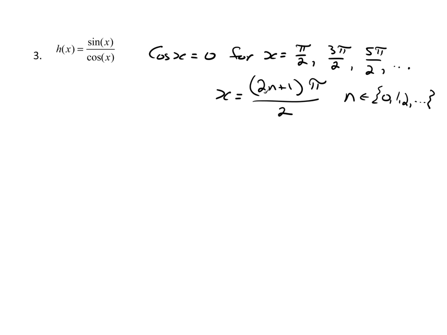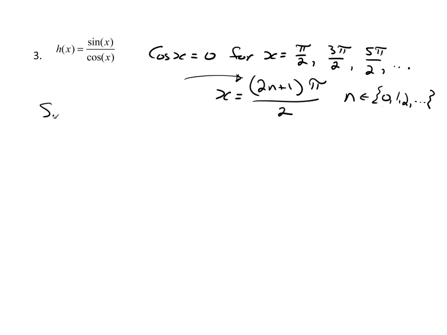Because see, when n is 0, I get pi over 2. When n is 1, 2 times 1 is 2, plus 1 is 3, so 3 pi over 2. When n is 2, 2 times 2 is 4, plus 1 is 5, so 5 pi over 2. If you haven't seen this before, 2n plus 1 always guarantees you're going to have an odd number when n is an integer. Okay, so when x is 2n plus 1 over 2 times pi, cosine is going to be 0.